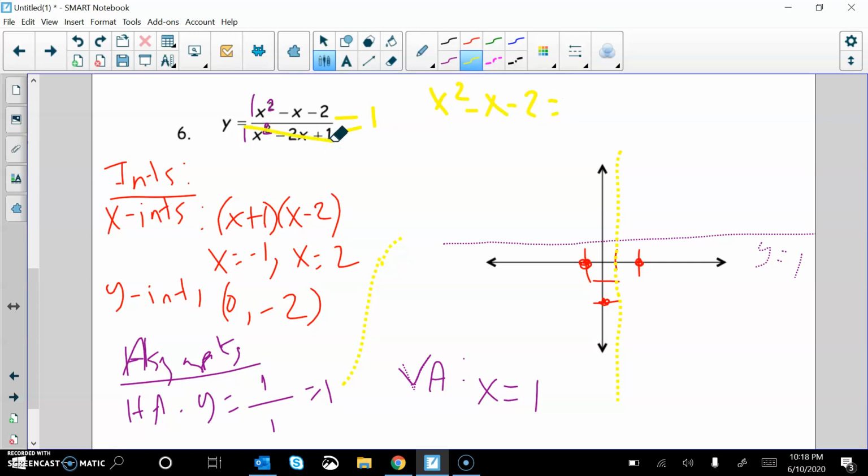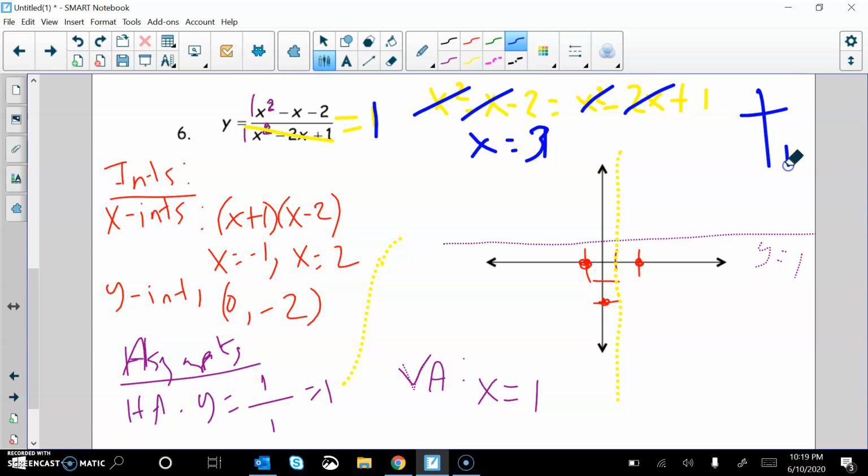So multiply that on both sides, x squared minus 2x plus 1. Solve this, the x squared cancels. Let's add that one, x is 1 plus 2x plus 2x, and then plus 2, I'm sorry, that's 3. So it's going to have a y value of 1. What I did, I set it equal to 1. I found that happens when x is 3. So it's going to cross right there. So keep that in mind.